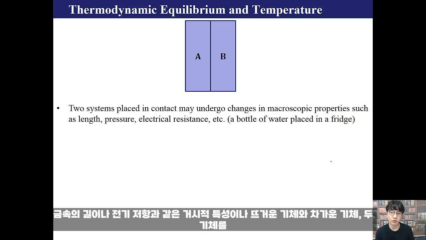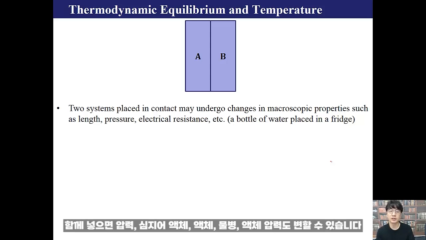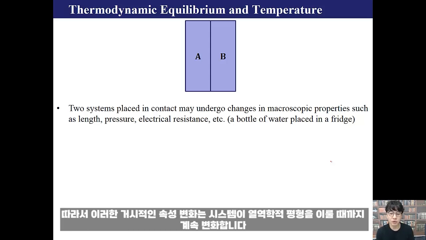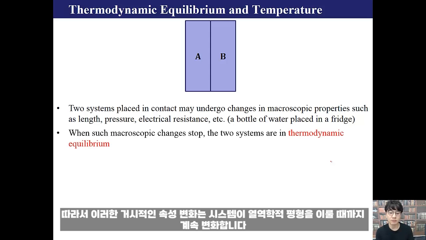If you put a hot gas and a cold gas together, the pressure, or even the pressure of a liquid like a bottle of water, can change. So these macroscopic properties keep changing until those systems come to thermodynamic equilibrium.